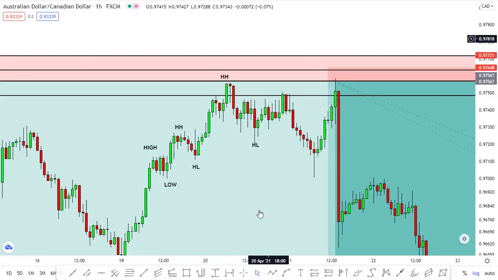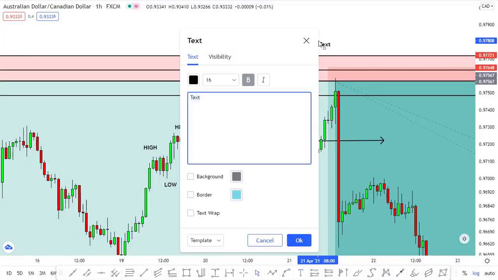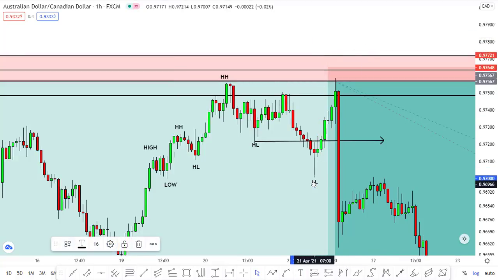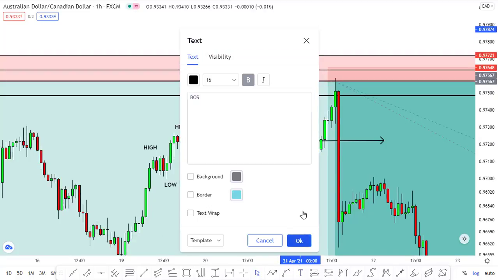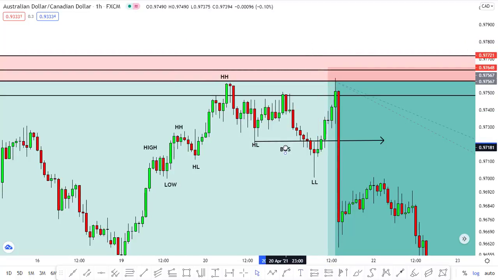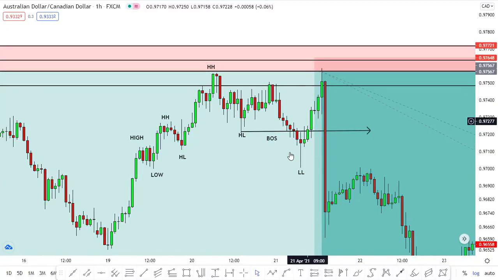But at this point, price broke below this major low in the market and created a low, which is here. So we have this level, which we call break of structure, and after that price tapped into our area of interest and dropped so heavily.